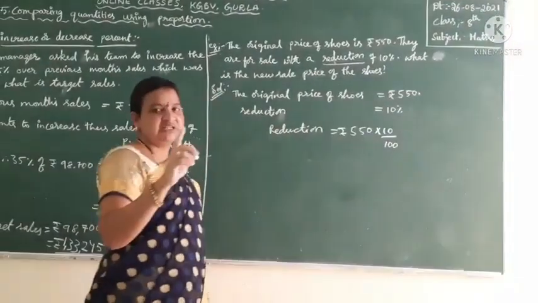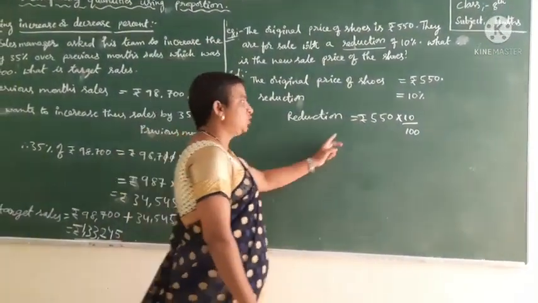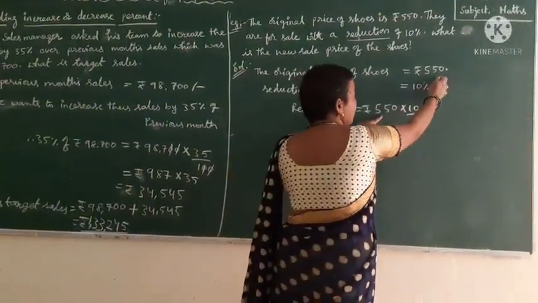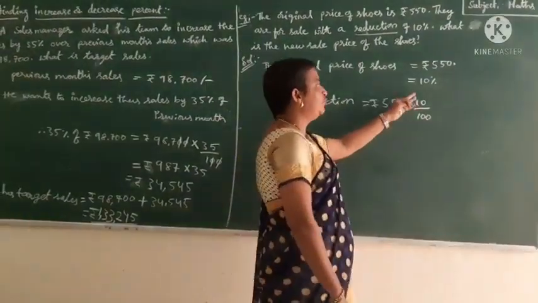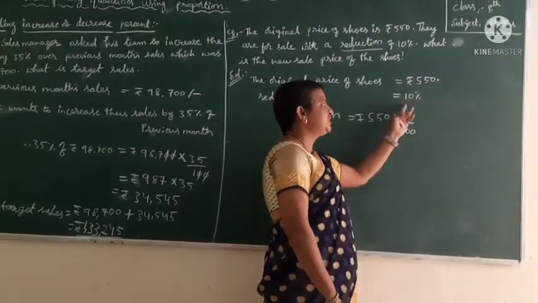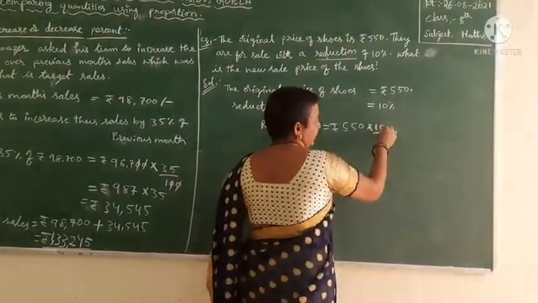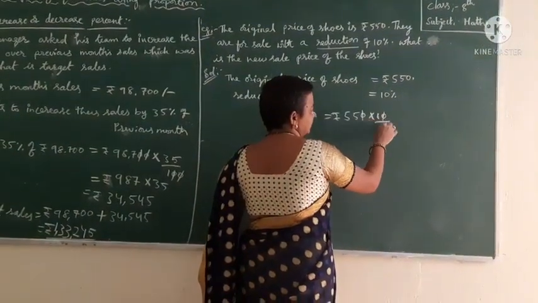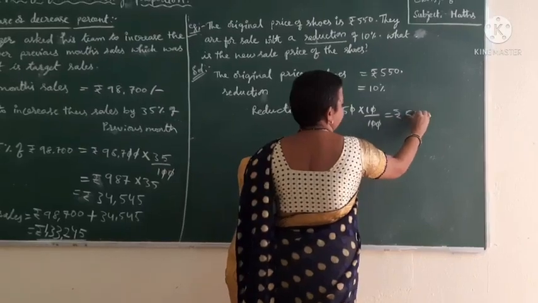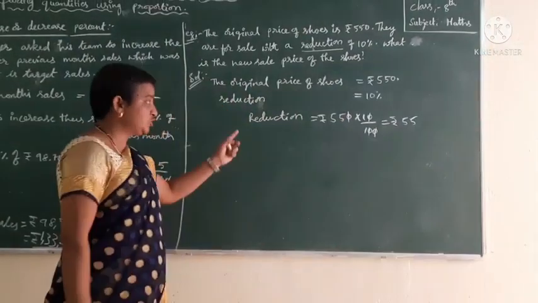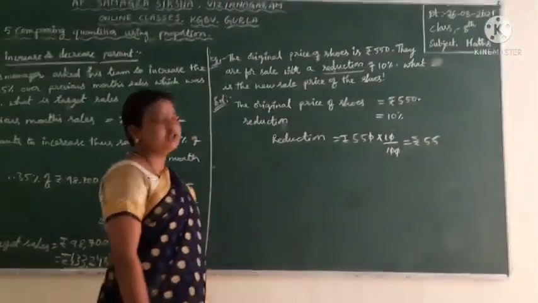You have to find the decrease in the cost price only. So the reduction is 550 into 10 by 100. Now we simplify: 10 ones are 10, 10 fives are 50, 10 ones are 10, 55. So the reduction is rupees 55. So the shopkeeper decreases 55 rupees for the shoes.